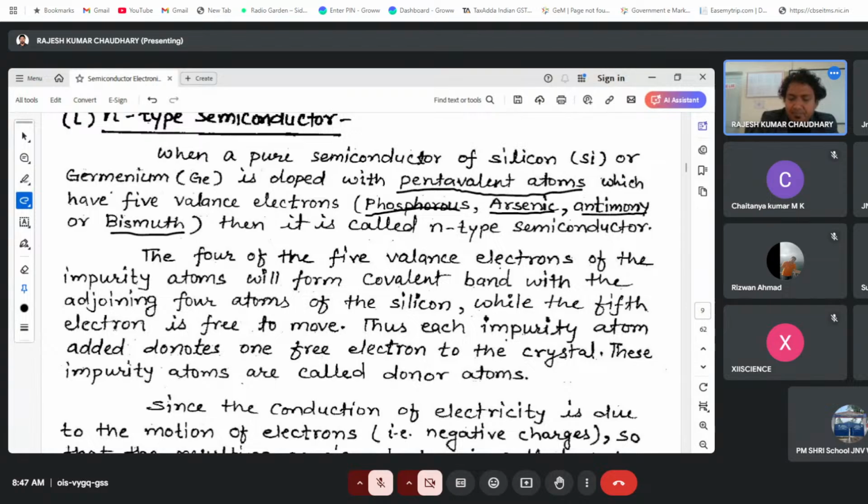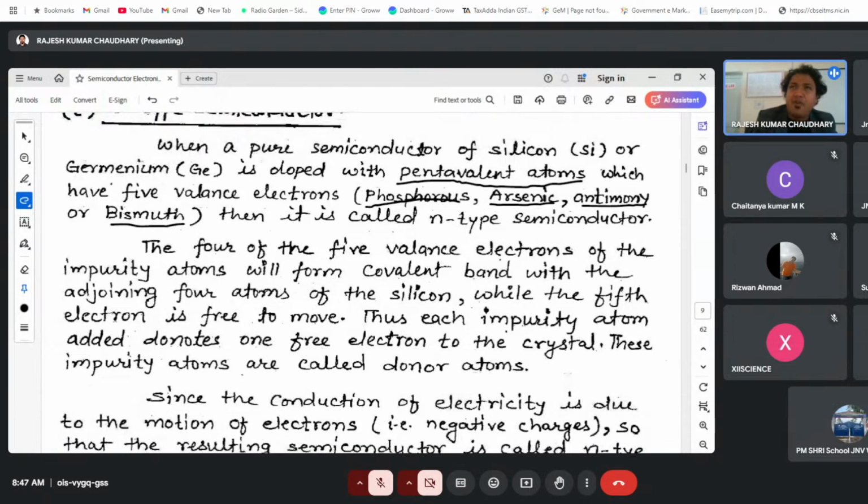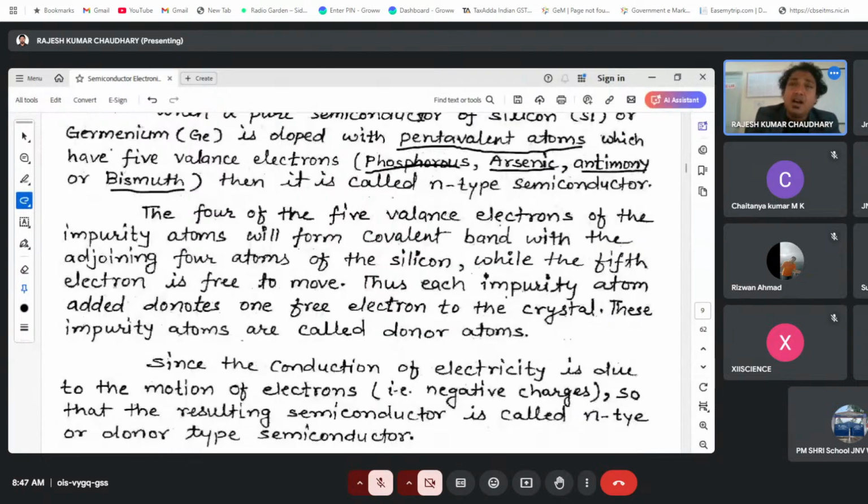Now how they will be added and why they form electrons as majority charge carriers, we will discuss. We also know that in silicon and germanium, atoms are connected with each other using which bond? Covalent bond. In an intrinsic semiconductor like silicon and germanium, atoms are interconnected using covalent bonds. Co comes from cooperation, so atoms cooperate and share electrons with each other.